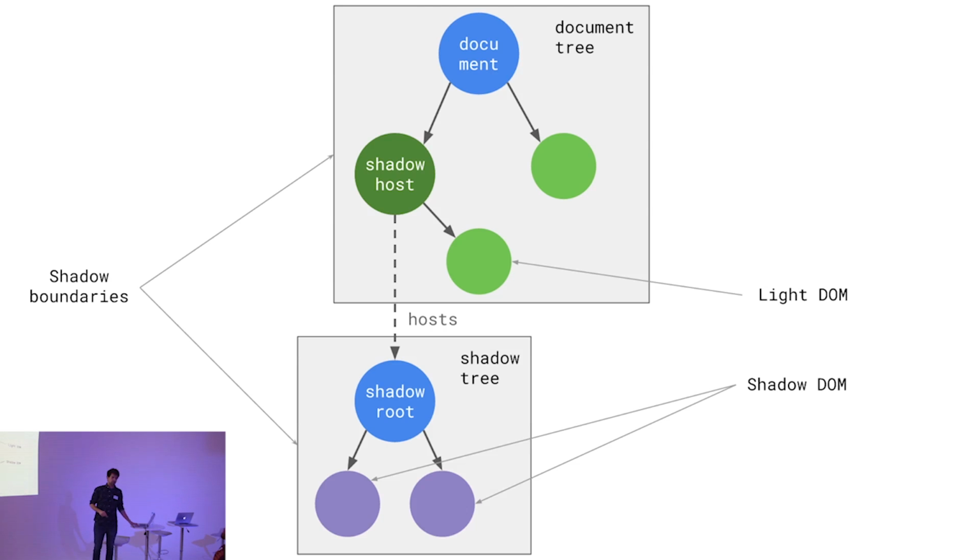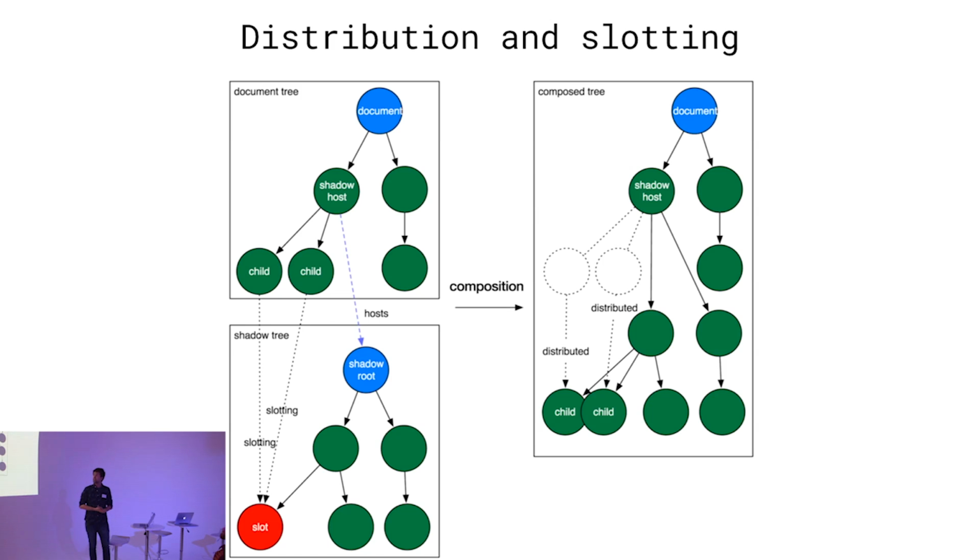Also, there's another important concept in the shadow DOM, which is slotting, also called distributed nodes, distributed content. What before was the content tag has now become the slot tag. As you can see, there's a red node within the shadow tree, and from the shadow host light DOM, there are two children.